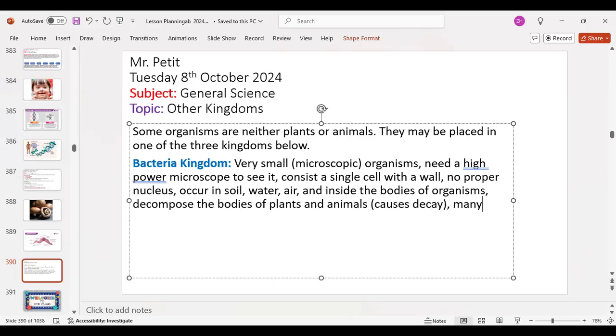And many of them cause disease or spoil food. So if your food is spoiling, who do you have to blame? Bacteria. See, you have to blame yourself. So why, when you put it in the fridge, doesn't it spoil?